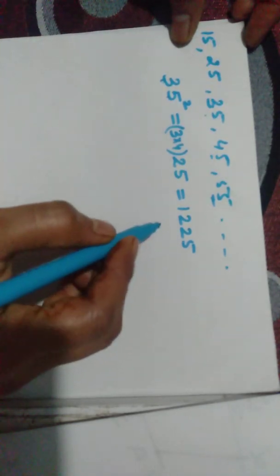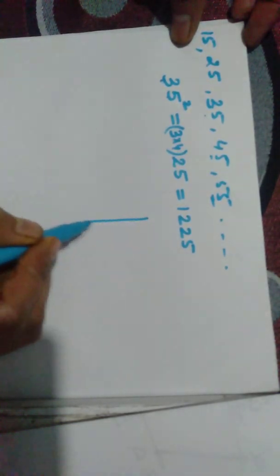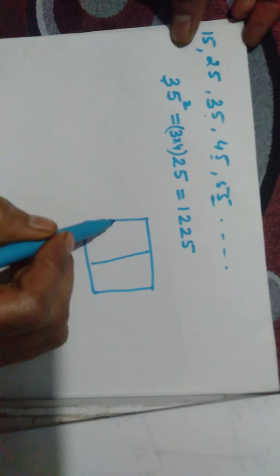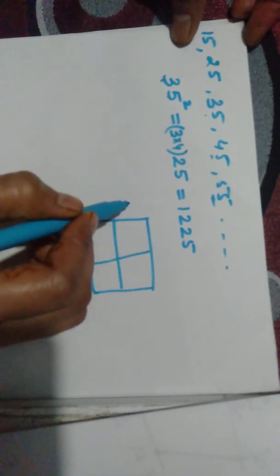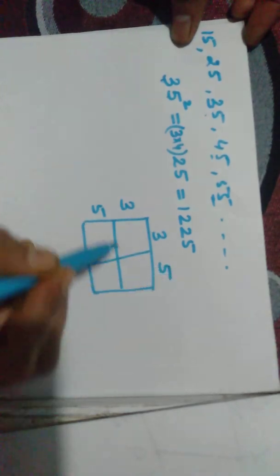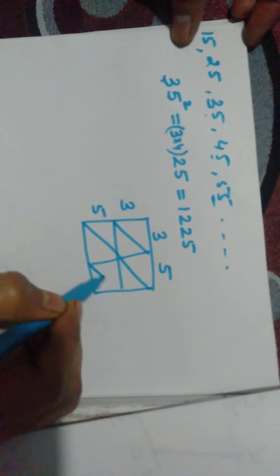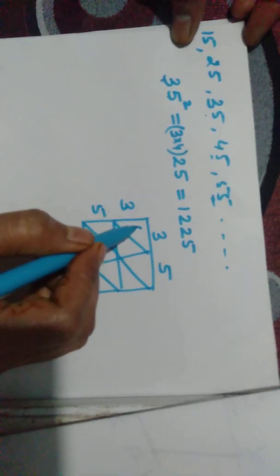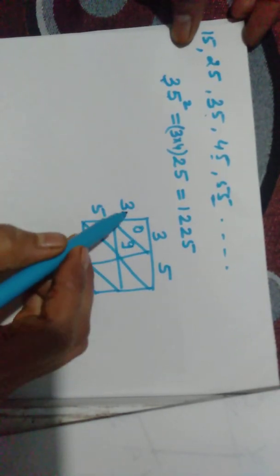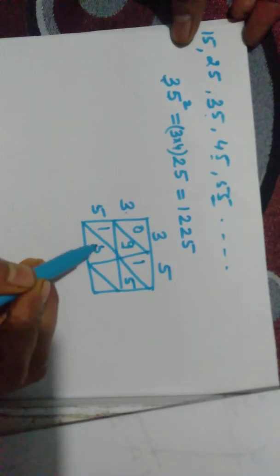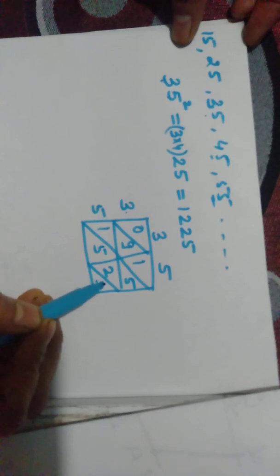You can check with the diagonal method, which I told you in my previous video. 35: 3 3s are 9, we'll write here as 09. 3 5s are 15, 5 3s are 15, and 5 5s are 25.